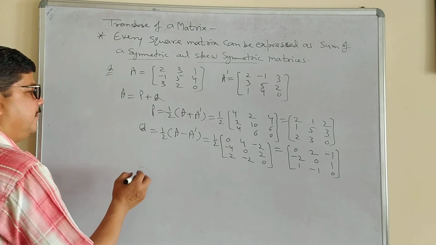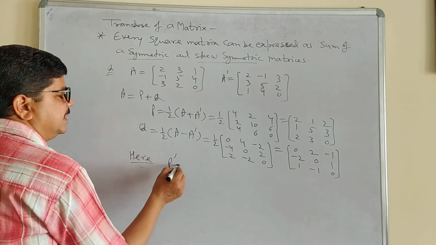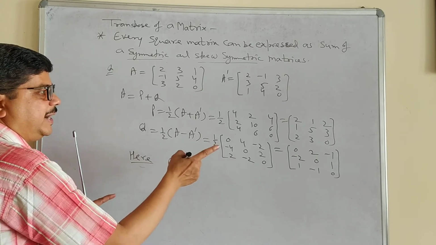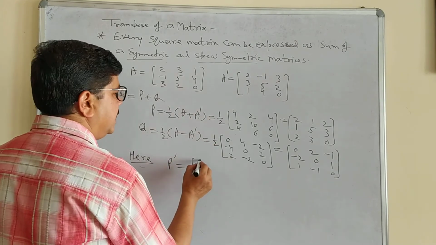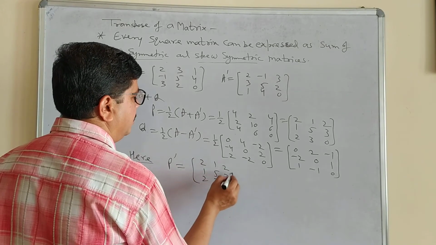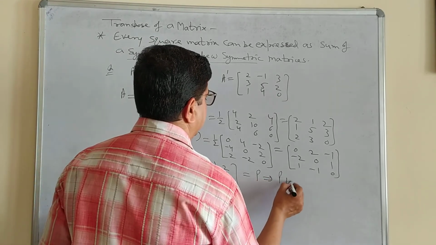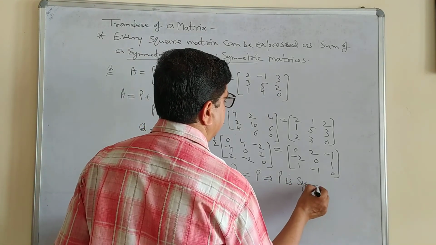Then we will find here P dash. The P dash will be 2 1 2, 1 5 3, 2 3 0. That is P only. It means P is symmetric.